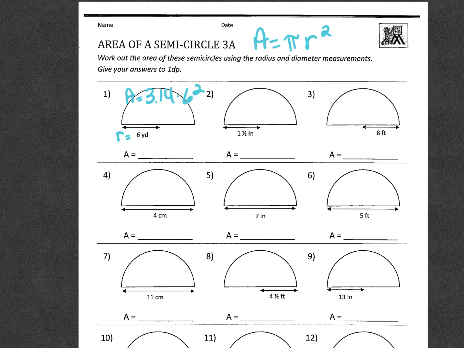Times 6 squared. So that becomes 113.04, but I only want half of it, so I'm going to divide by 2, which is 56.52. And that's square yards.